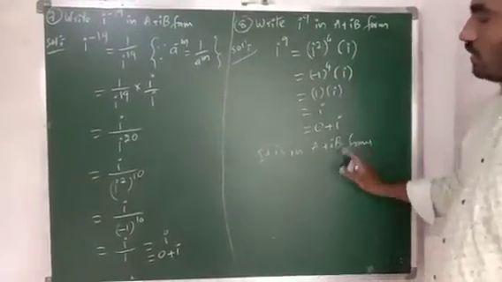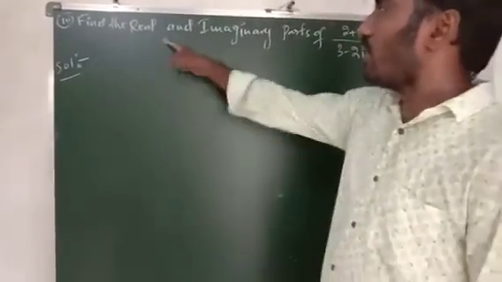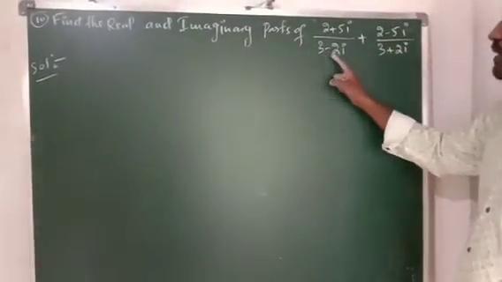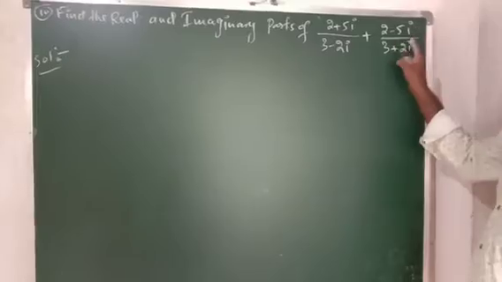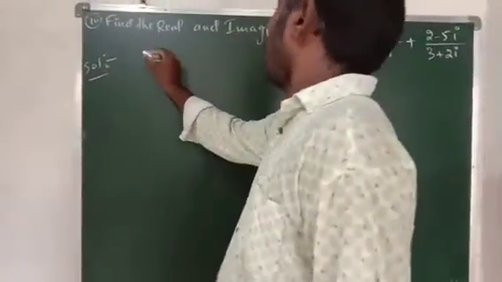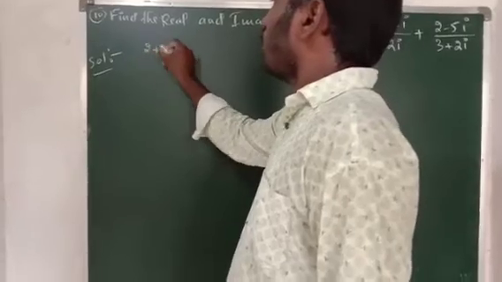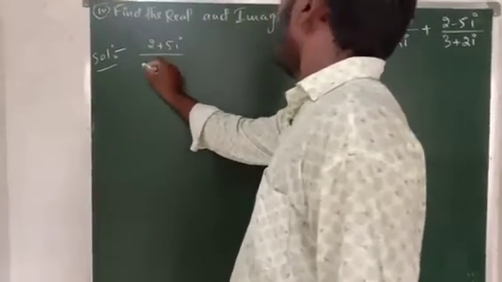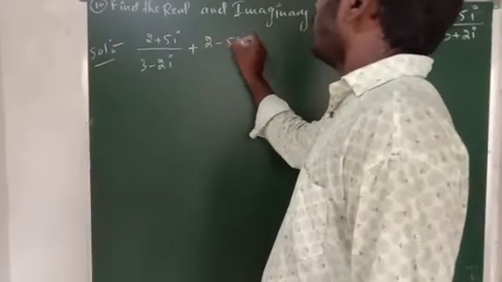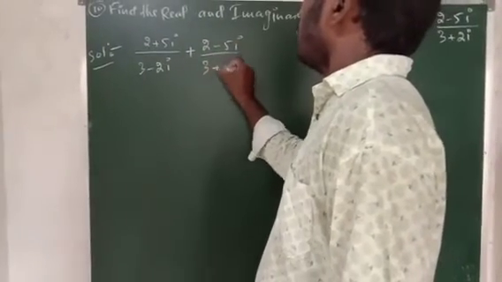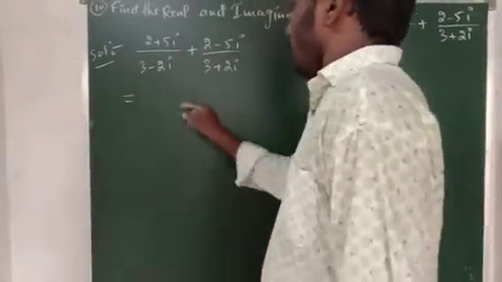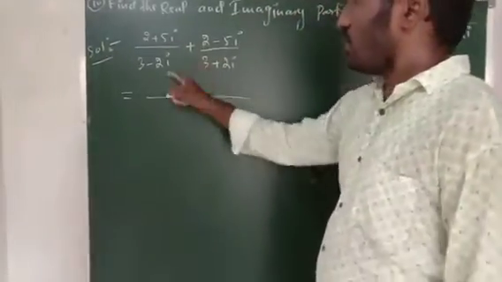Okay, next 10th problem: find the real and imaginary parts of (2 plus 5i) by (3 minus 2i) plus (2 minus 5i) by (3 plus 2i). For this, consider the given complex number, that is (2 plus 5i) by (3 minus 2i) plus (2 minus 5i) by (3 plus 2i). So make the LCM of these two terms.